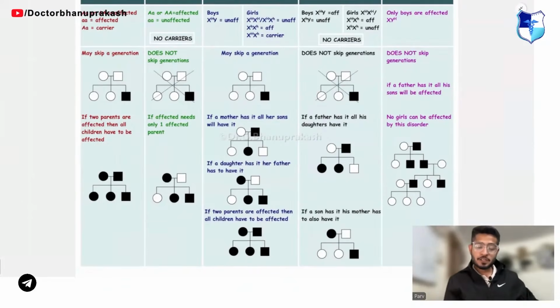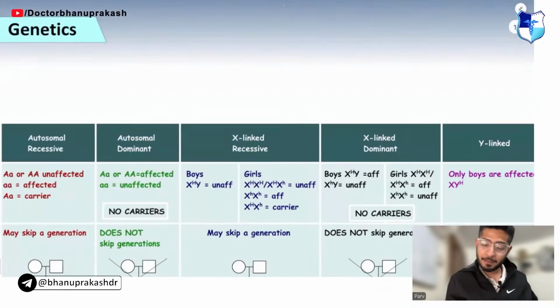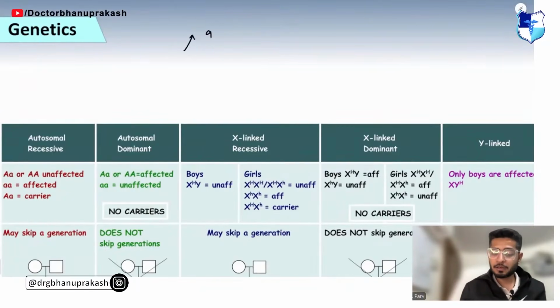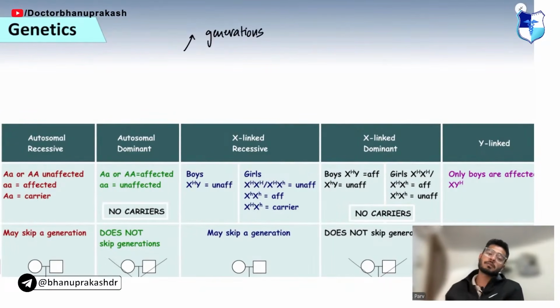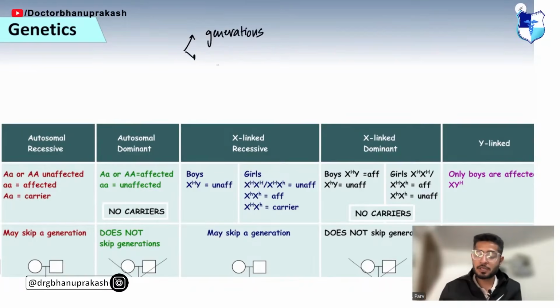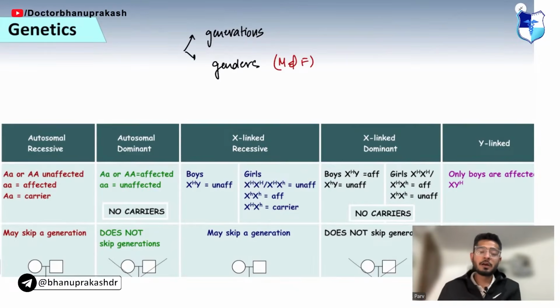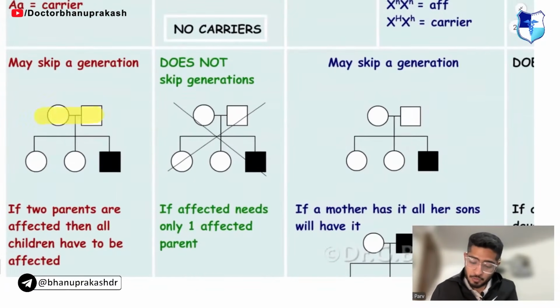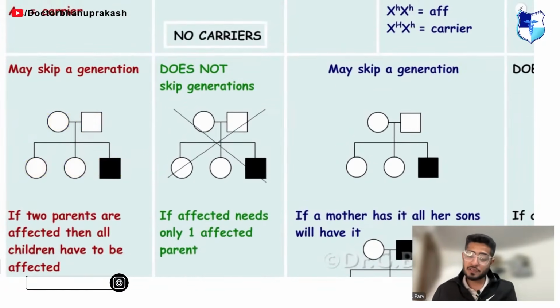Coming on to pedigrees, you have to take 2 things in mind. One is the generations: whether all the generations are affected. Then you have to check whether all the genders are affected or not. Genders means male and female; you have to check who is going to get affected. Now see this, bache: there is no continuous generation.